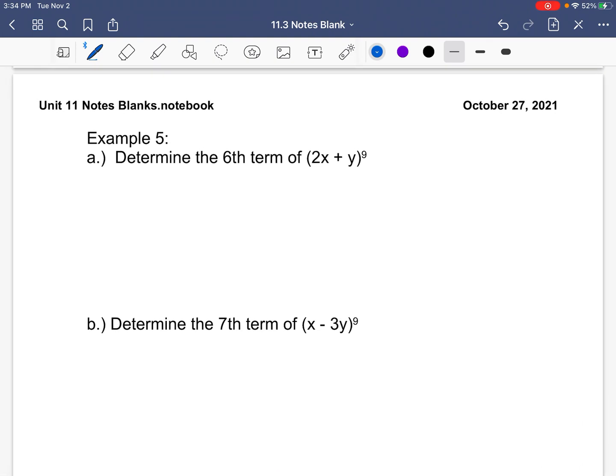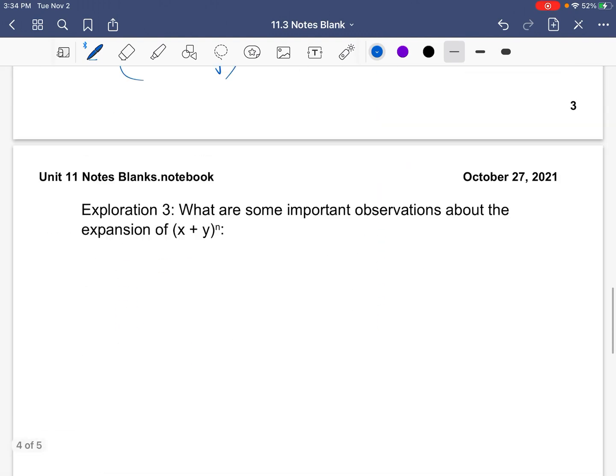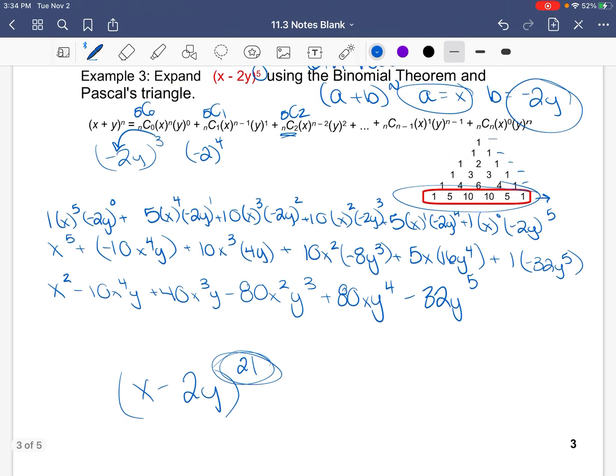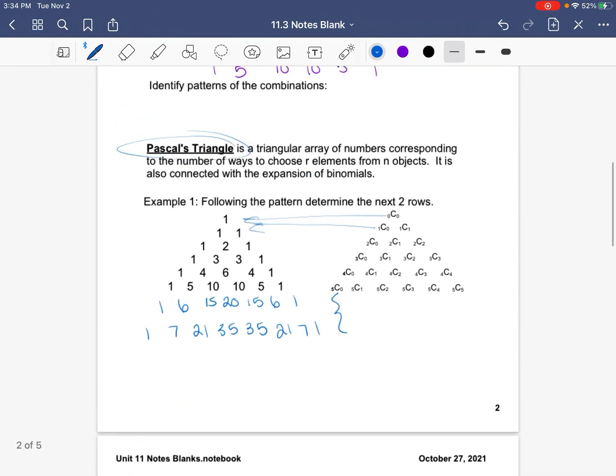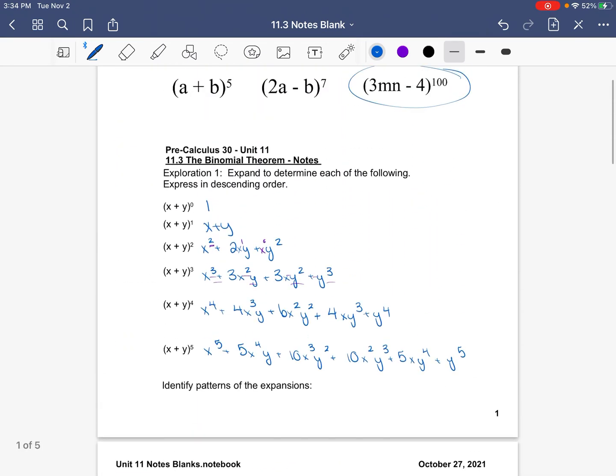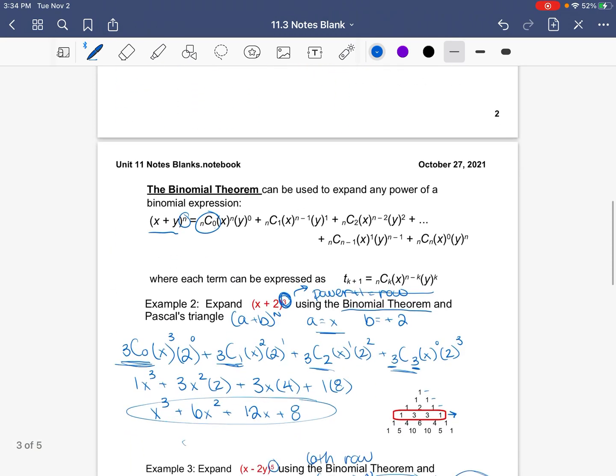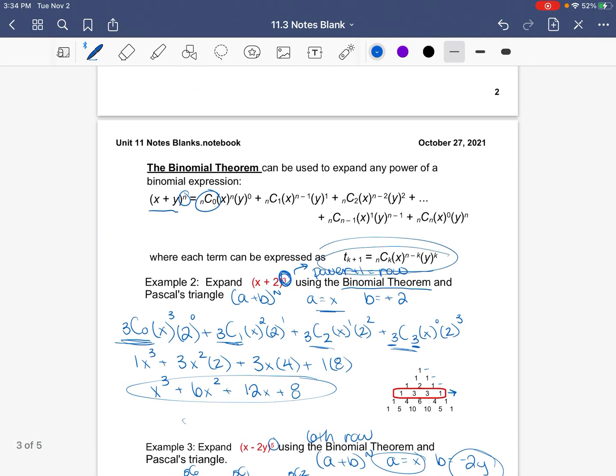So determine the 6th term of 2x plus y to the power of 9. So this, again, we could do our whole binomial theorem just like we did up here and count 1, 2, 3, 4, 5, 6. But we can also use the formula that was on this page. This tells us our term number.